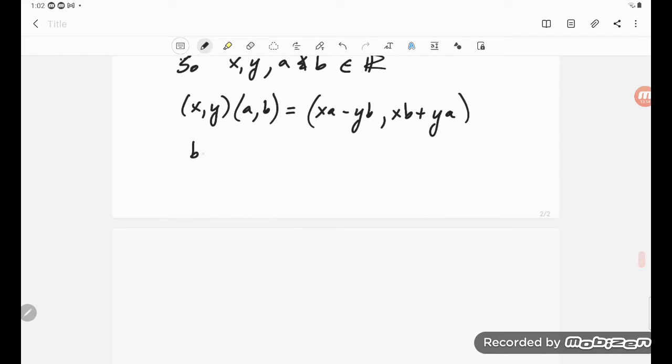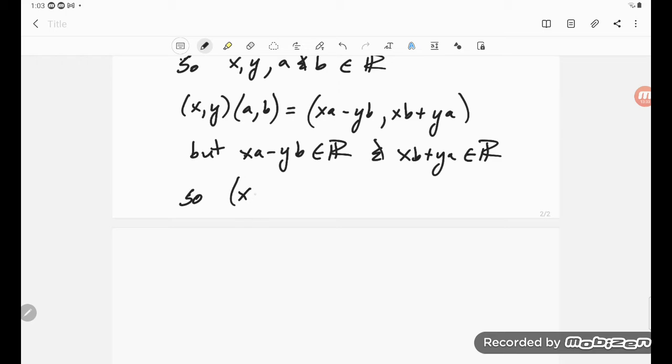But xa minus yb is an element of the real numbers, and xb plus ya is an element of the real numbers. And so (xa minus yb, xb plus ya) is an element of the complex numbers.